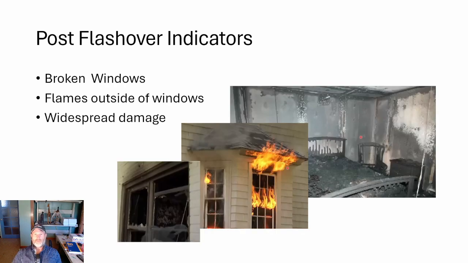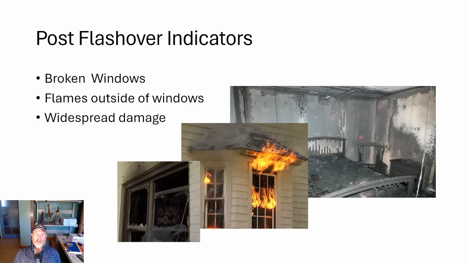So for some post-flashover conditions, you can assume broken windows. You're always going to have broken windows if you're above 500 degrees Celsius. Flames outside of windows: the whole principle of ventilation limited means that the hot products of combustion, the pyrolysates, are seeking oxygen so they can combust.